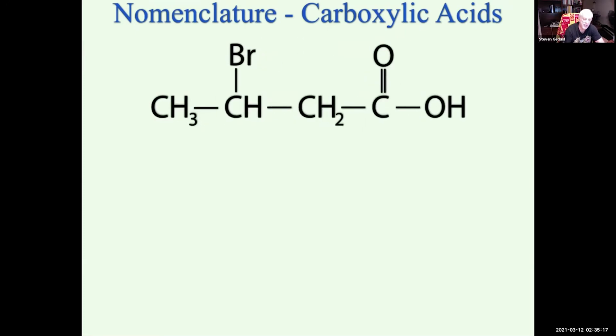So how do we name carboxylic acids? Just like we've been naming everything else. This is a carboxylic acid because you can tell there's a COOH functional group. We always number from the carbon of the carbonyl group. So this is always number one. There's no looking at the chain to see which functional group comes first, because carboxylic acids are always at the end of a compound.